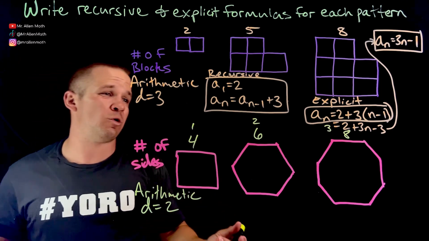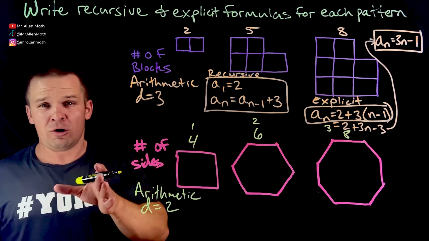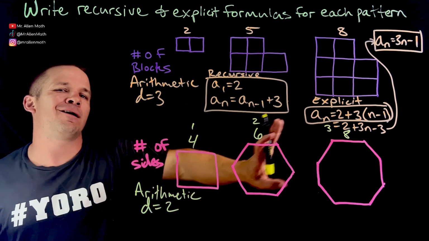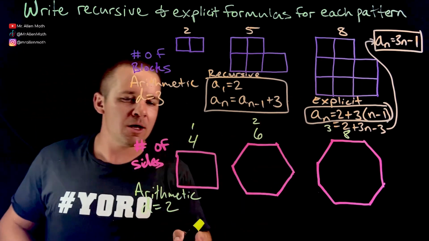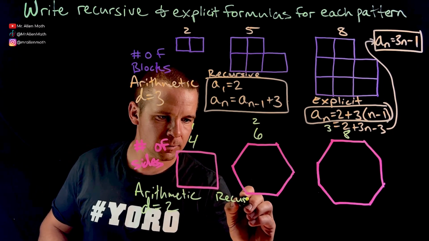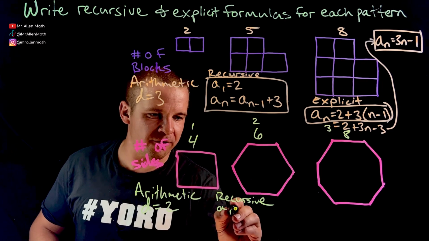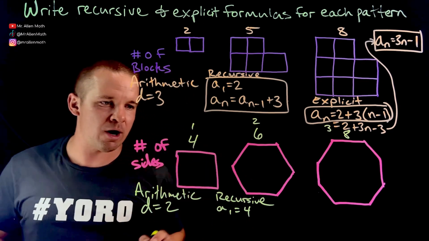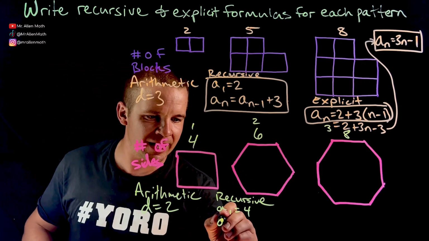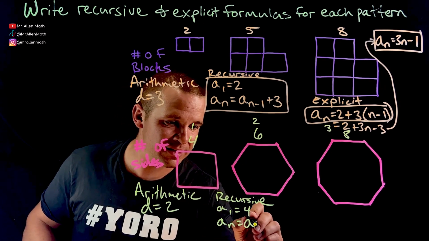We've just said all these wonderful things, right? I can ask you to find another term later on. You know, we'll do that here in a sec. Let's write the formula, and then we'll go beyond, okay? So my recursive, okay, we'll start with our recursive here. We got our a sub 1. How many sides do we have for a sub 1? We have 4 sides. It's a square right here, right? So then a sub n is going to be my previous term, a sub n minus 1.